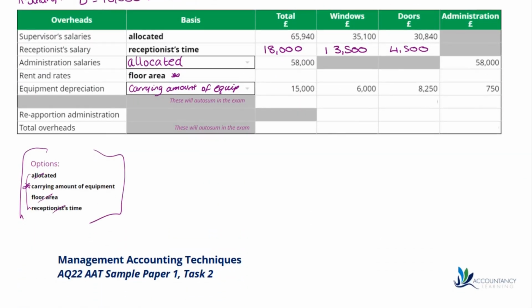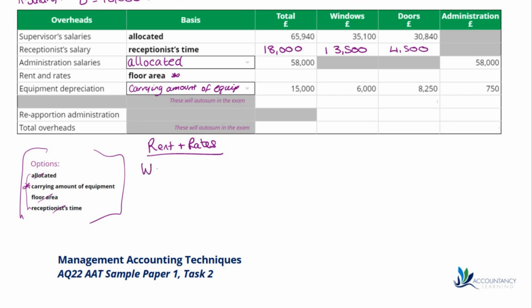So for our rent and rates, we're going to be looking at splitting the rent and rates over that 500 square metres and then allocating the relevant square metres per department.